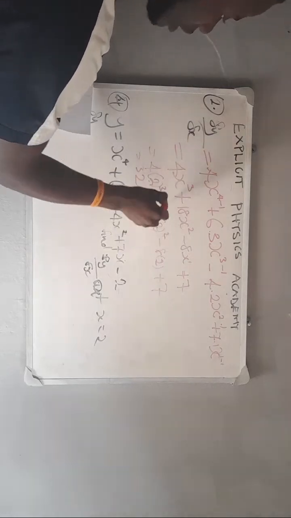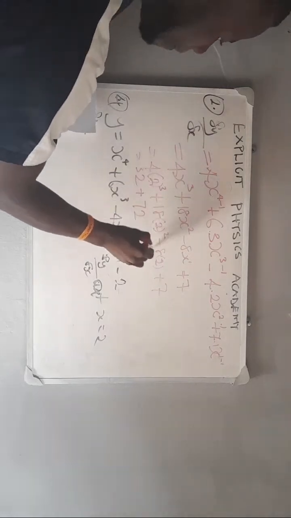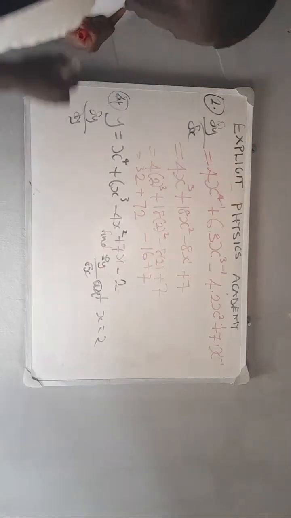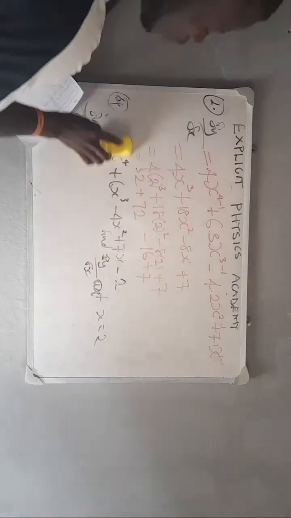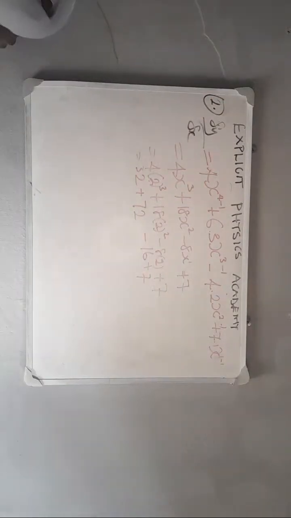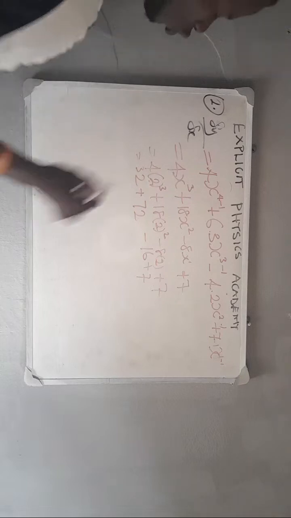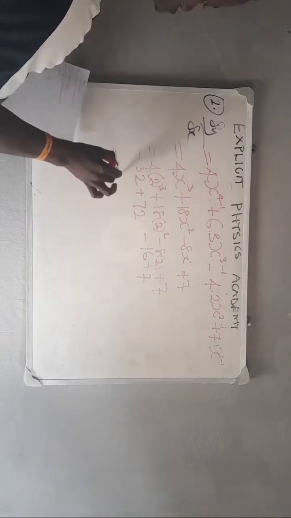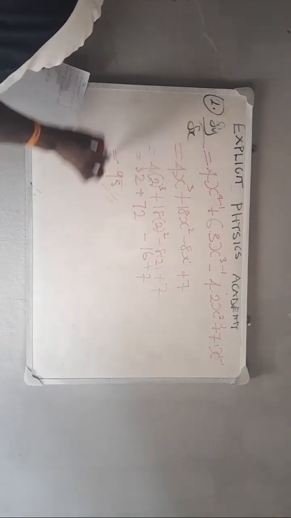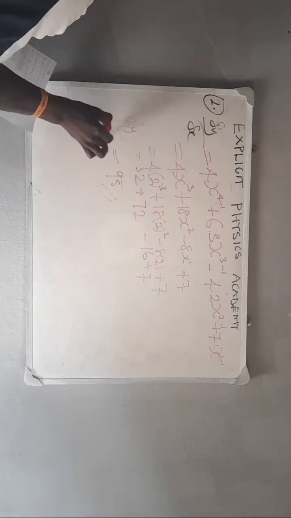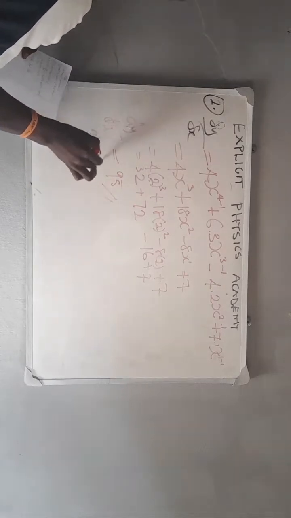If you square this and multiply by 18, you get 72, minus 16, plus 7. It's the same thing we are doing here, just in case you have been asked what happens when that function is being evaluated at 2, when 2 is substituted in the equation. So the answer is going to be equal to 95. So dy/dx at x equal to 2 is equal to 95.